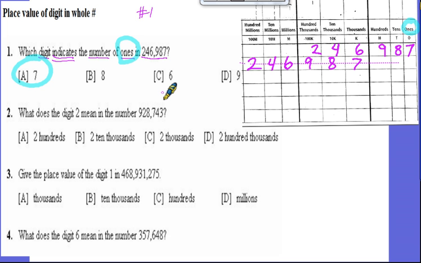What do I have to do next? Janine, the second or third? We're on number 2. So I already read the problem. Now what? Underline the important word.